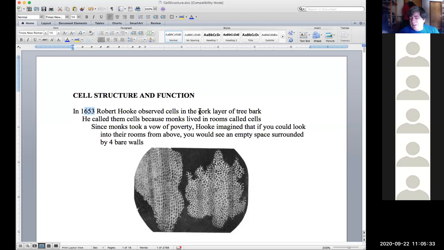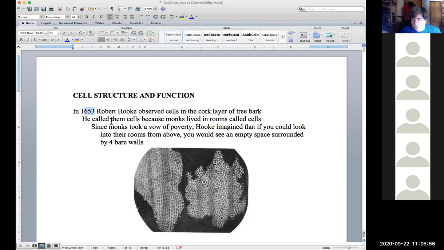Now, what Hooke didn't know at the time was that cork cells in tree bark are actually dead cells. All the material inside the cell has basically deteriorated. The only thing that's left is the very outer covering of the cell, something called the cell wall.